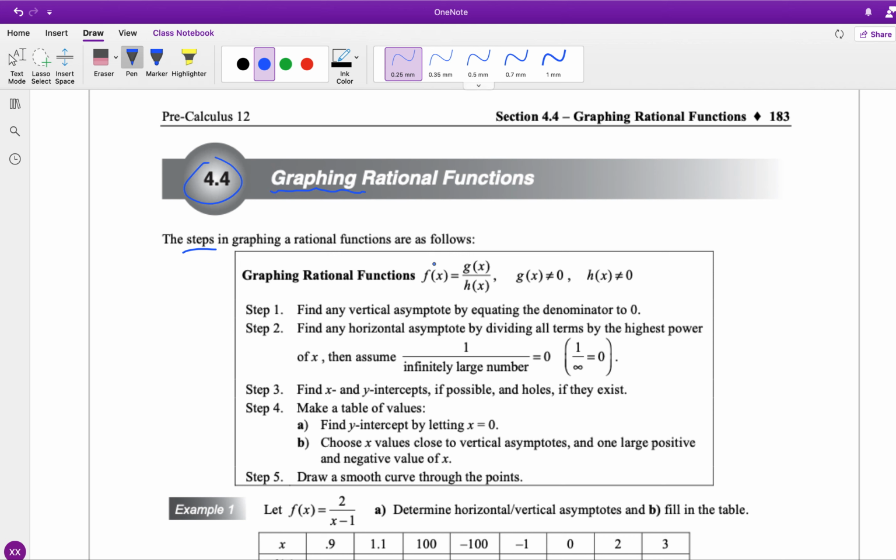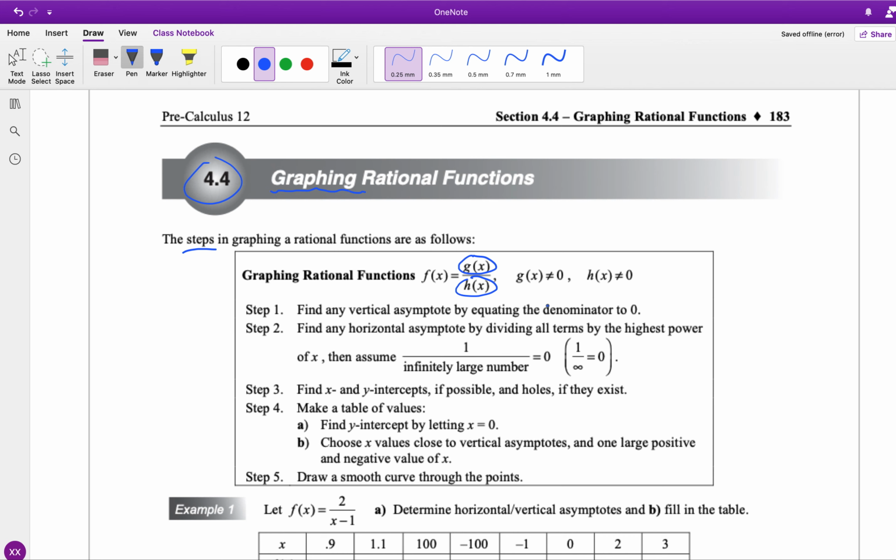Now we do know a rational function, that is f(x), has a polynomial function g(x) as a numerator, and h(x), another polynomial function, as a denominator. In this case, g(x) does not equal 0, h(x) does not equal 0, otherwise there's no function here.